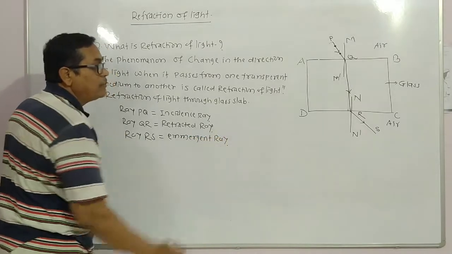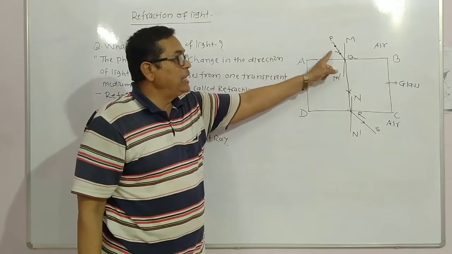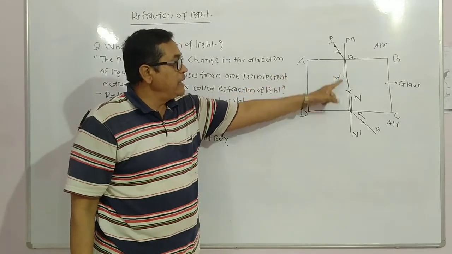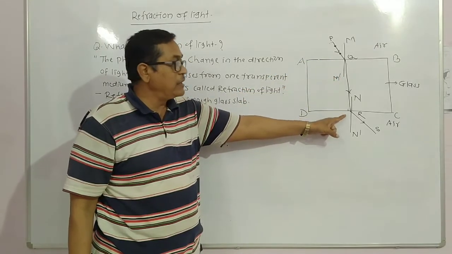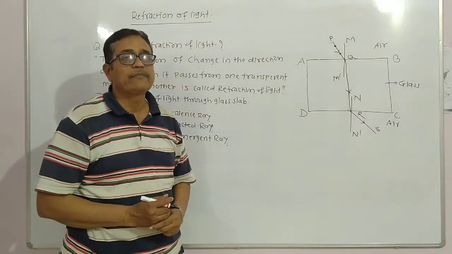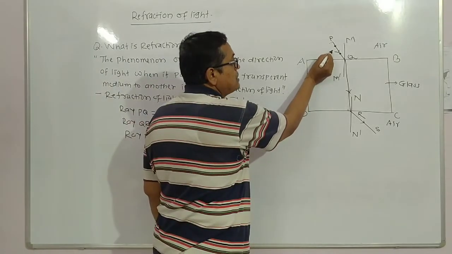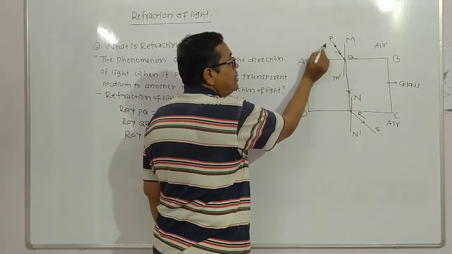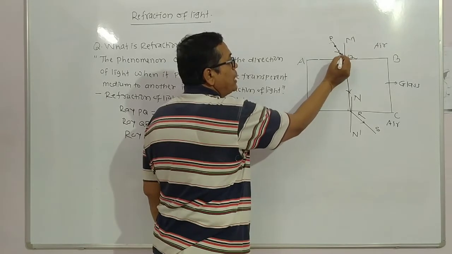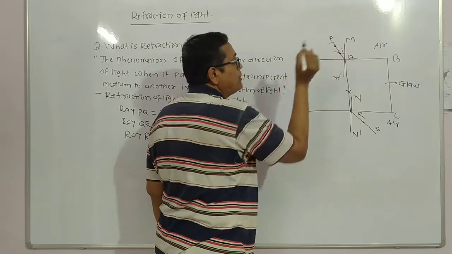Means in this way we identify the three rays. Ray PQ is called the incident ray, ray QR is called the refracted ray, and ray RS is called the emergent ray. Look here, the angle made by this incident ray with the normal, that angle PQM, is called the angle of incidence and it is denoted by i.